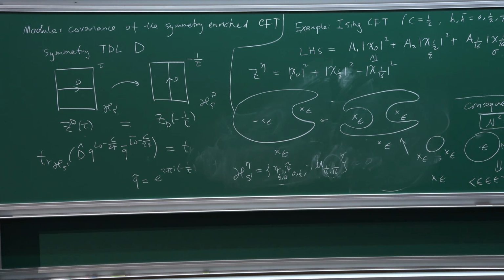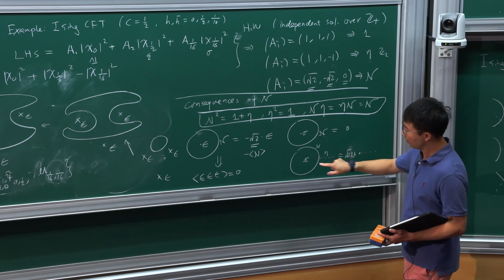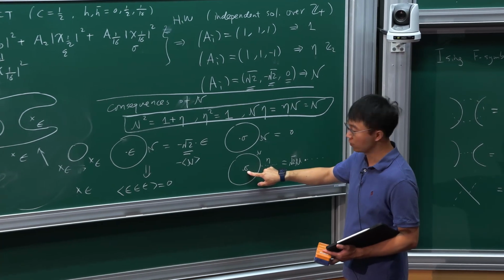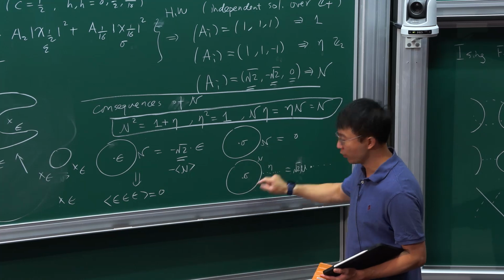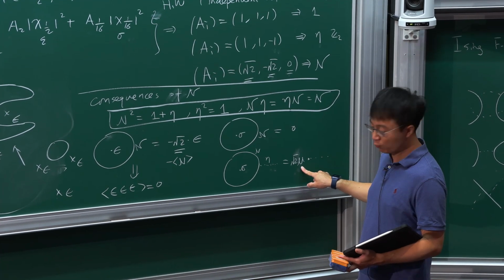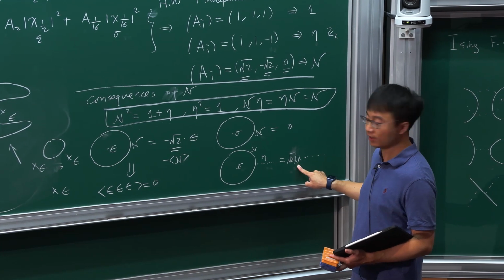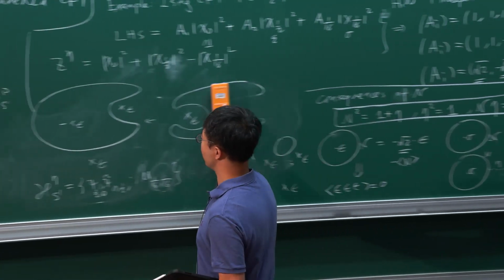This is also related to the fact that this picture can potentially give a non-zero answer, because the sigma operator has dimension (1/16, 1/16). This operation preserves that property, and you do have a candidate operator with that scaling dimension. And you can show the coefficient is non-zero by doing a similar manipulation.